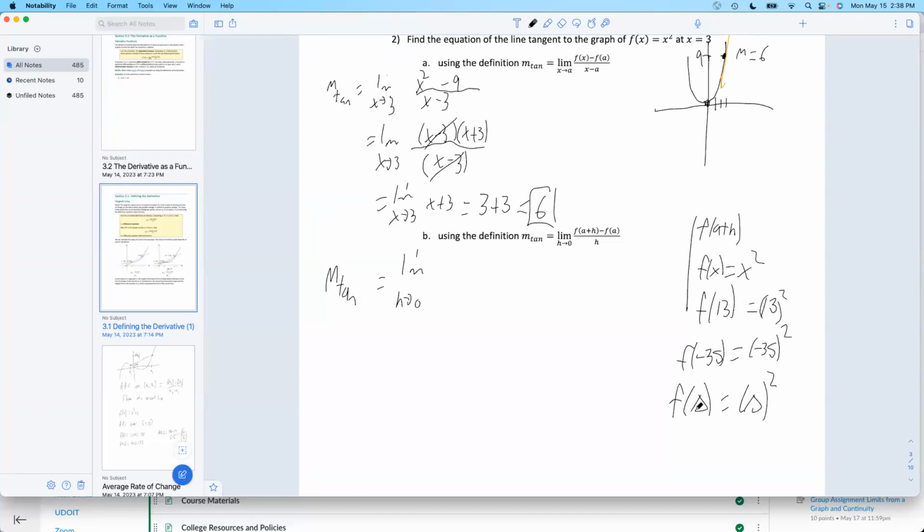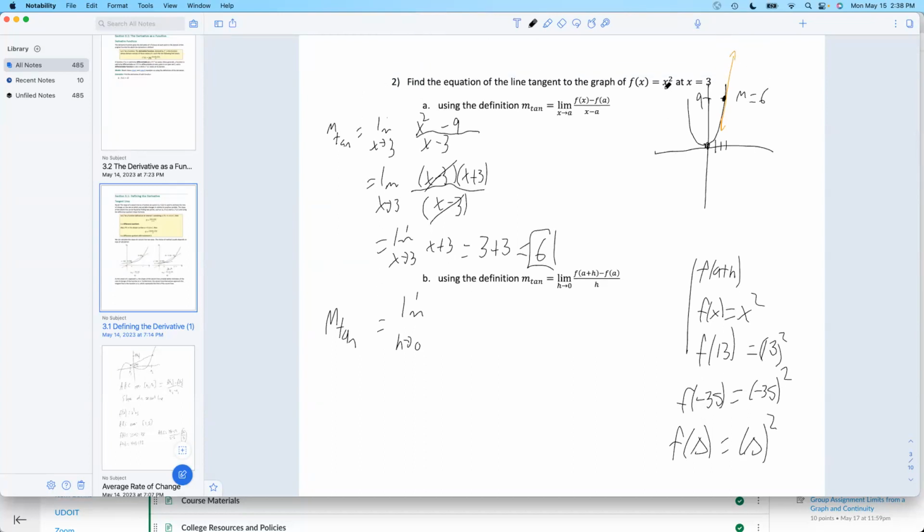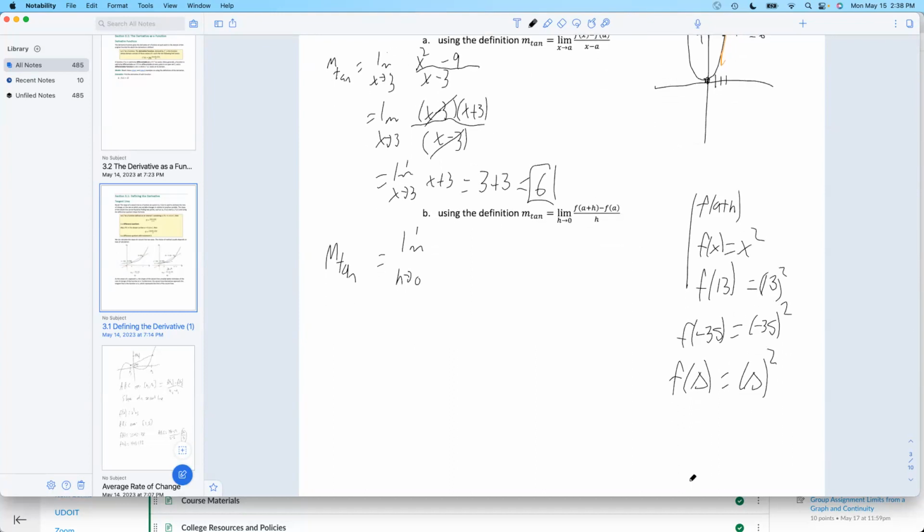Whatever is sitting here, no matter what it looks like, is going to replace that x right there. So f of a plus h, plugging into this function, would be a plus h squared.